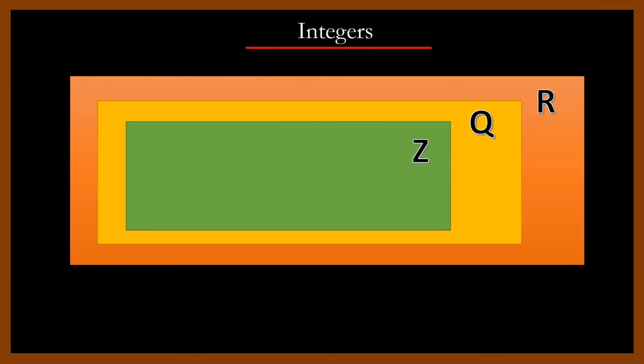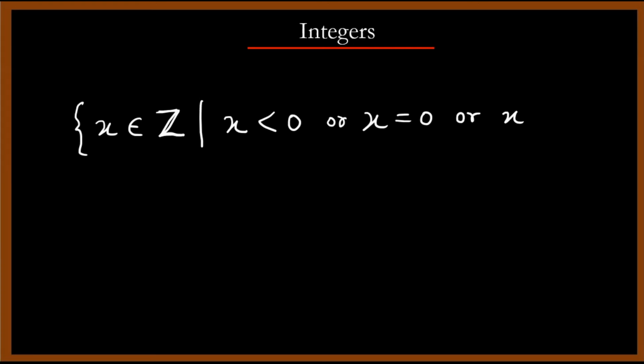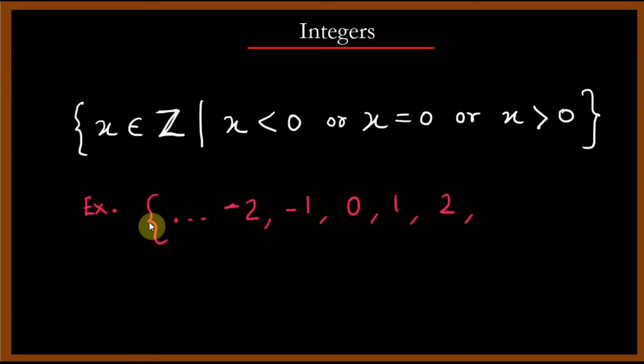It is denoted by the letter Z, and you can represent integers in set builder form as x in Z such that x is less than 0, or x is equal to 0, or x is greater than 0. Examples of integers are -2, -1, 0, 1, 2, 3, and so on.